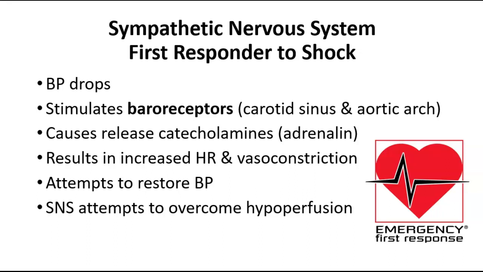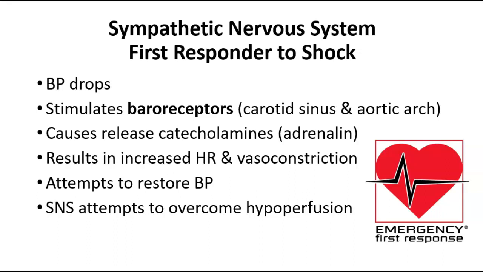It causes increased blood flow to those that are considered important to survival, like the cardiac and skeletal muscles, and increases the blood sugar levels and our sodium, so the previous slide we just talked about. Basically, the sympathetic nervous system is the attempt to overcome the hypoperfusion and restore the blood pressure to its normal volume and rate.